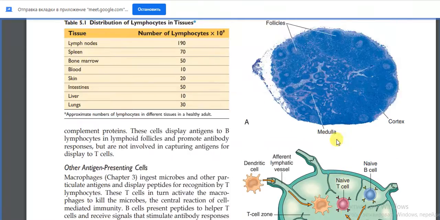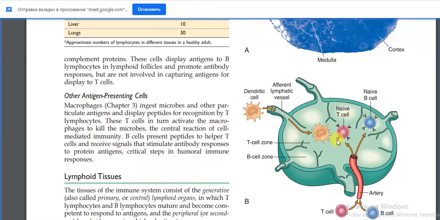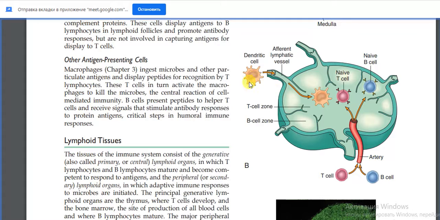Inside the lymph node we have this feature. You see dendritic cells, which capture the antigen, and with the antigen presented on the MHC surface, it enters with the fluid into the lymphatic vessel, and from the lymphatic vessel enters into the lymph node.